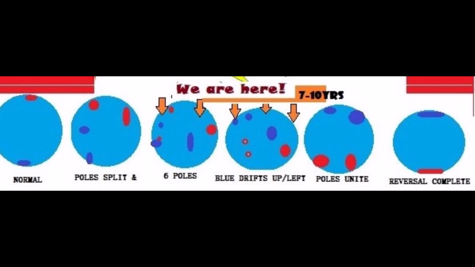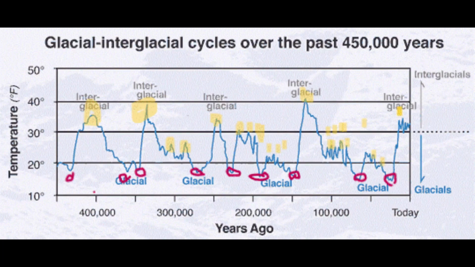And so let's look at this chart real carefully. On this temperature one, you can see these drastic changes. And it looks to me like we've had much more time in cold cycles than warm cycles.